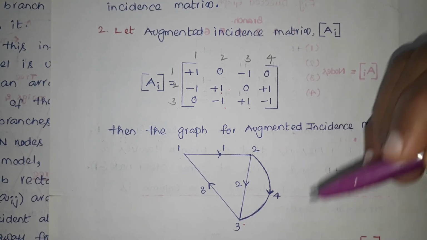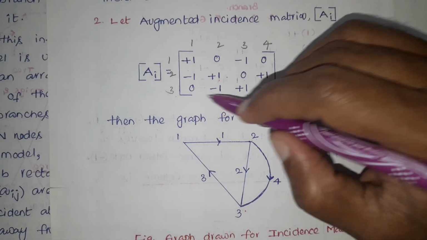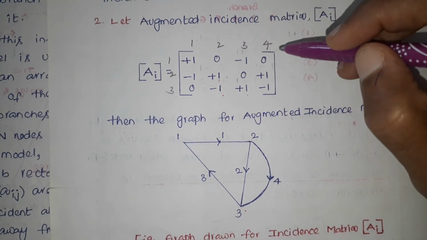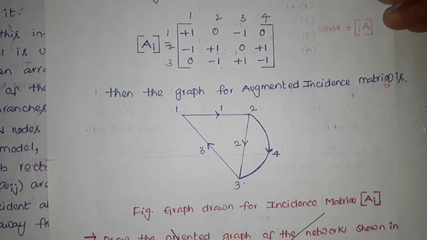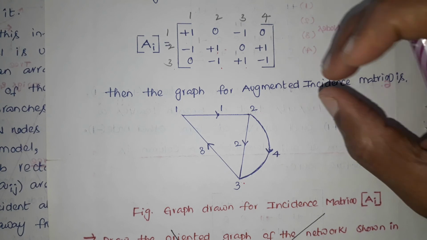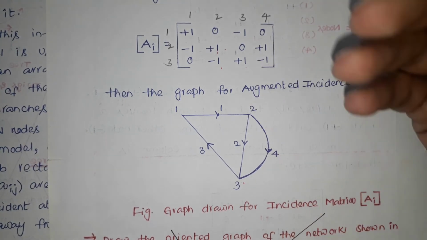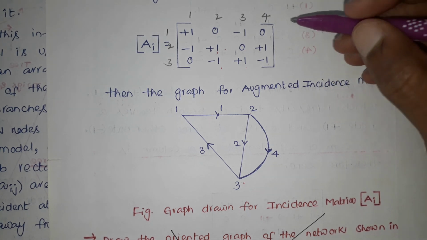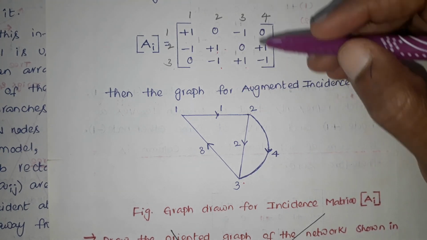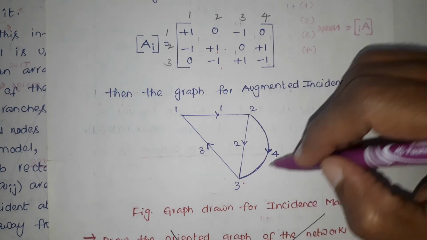So if the incidence matrix is given, we can get the oriented graph, because the incidence matrix explains the oriented graph.